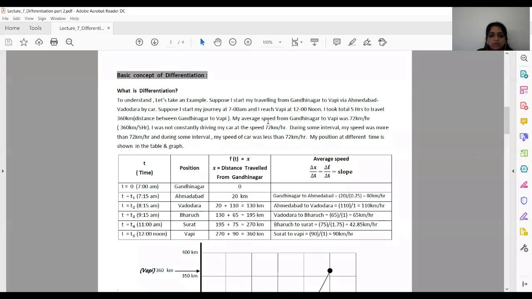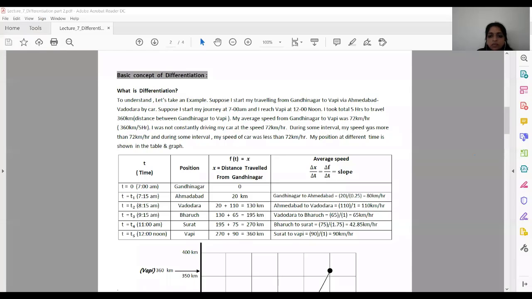So, my average speed from Gandhinagar to Vapi was 72 km per hour, that is 360 total distance and 5 hours total time. So, distance by time, that is 72 km per hour. I was not constantly driving my car at the speed of 72 km per hour.